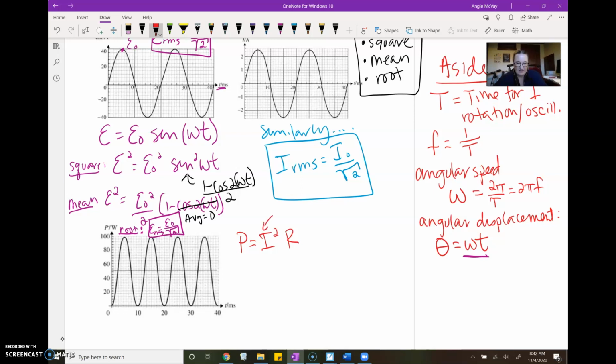To get any power value, because I squared is positive. Right, you could find maximum power by multiplying maximum voltage times maximum current, right?